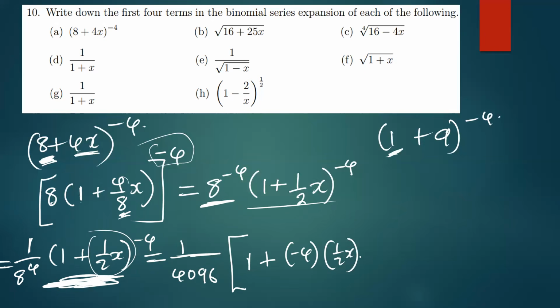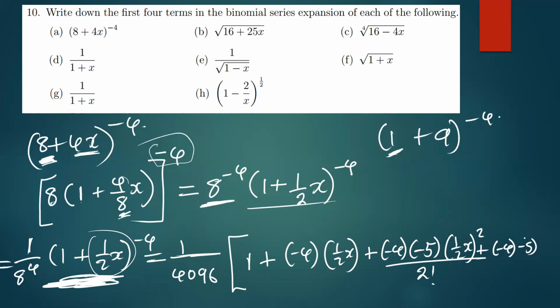Then the third term is going to be -4, then -4 minus 1 will be -5, and then we have 1/2x raised to the power 2. Then the last term, here we need to put 2 factorial. The last term is going to be -4, -5, -6, then x to the power 3, then everything over 3 factorial.